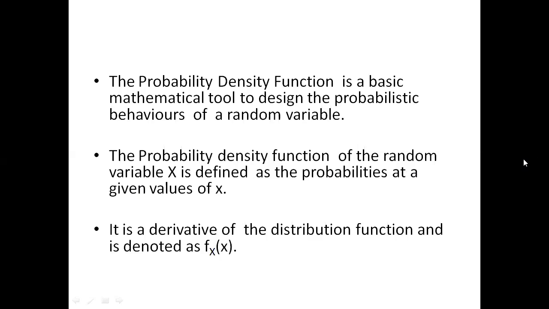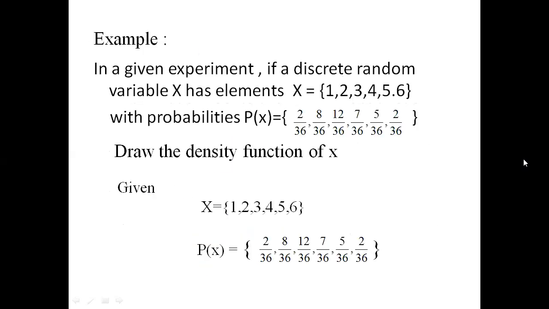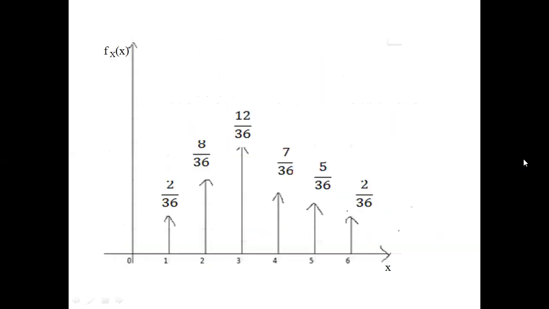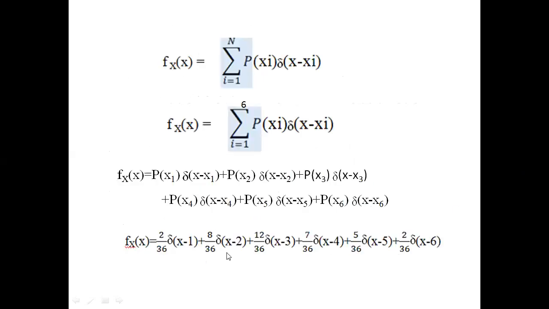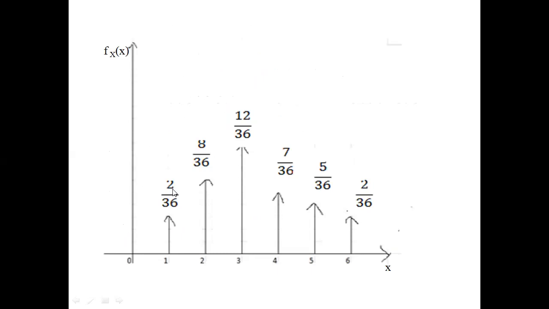Based on this, if we draw the plot, on the x-axis we take the events, on the y-axis the density function. At x equal to 1, the probability is 2/36, so the probability density function at x equal to 1 is 2/36.